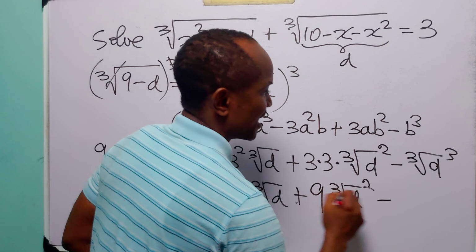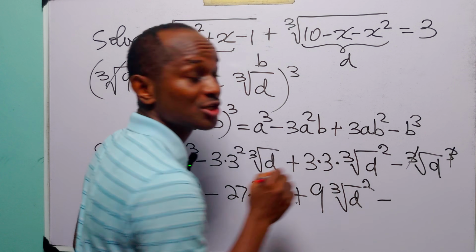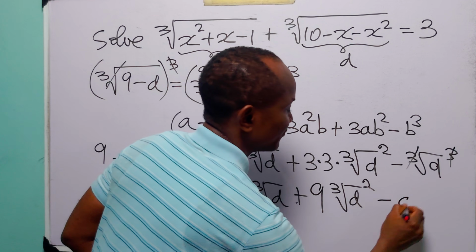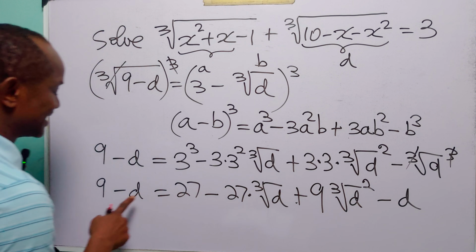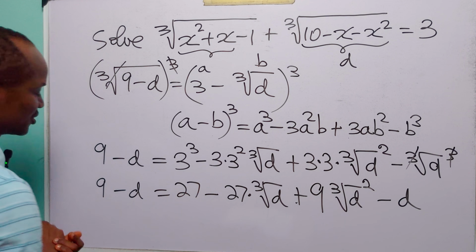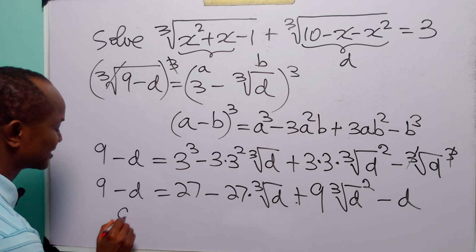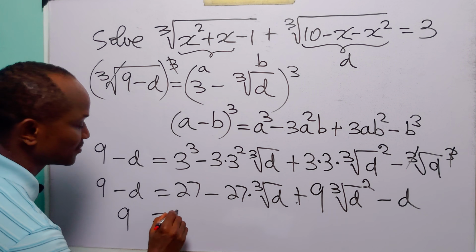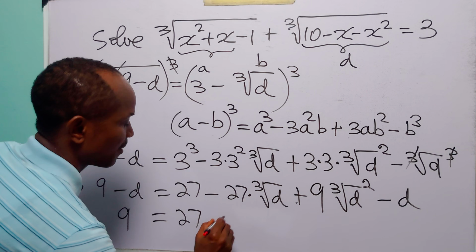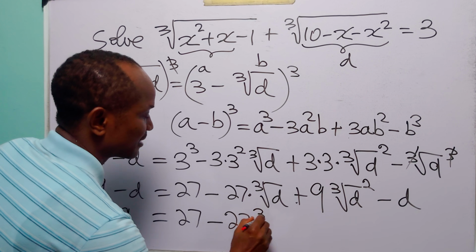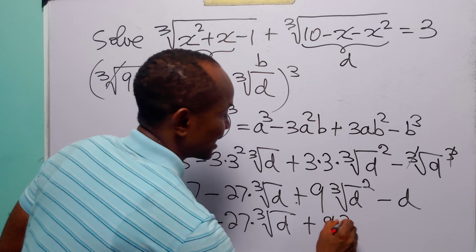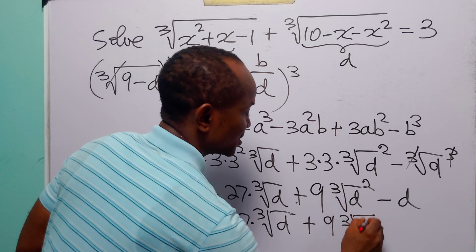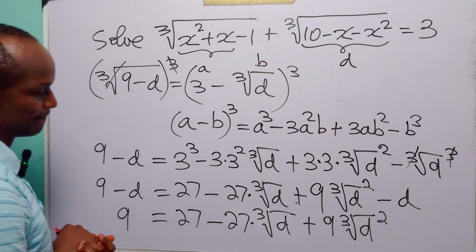Then finally, we have minus, of course, the cube is going to take care of the cube root, leaving us with d. Now, let us add d to both sides of this equation. When we do that, we have that 9 is equal to 27 minus 27 times the cube root of d plus 9 times the cube root of d squared.